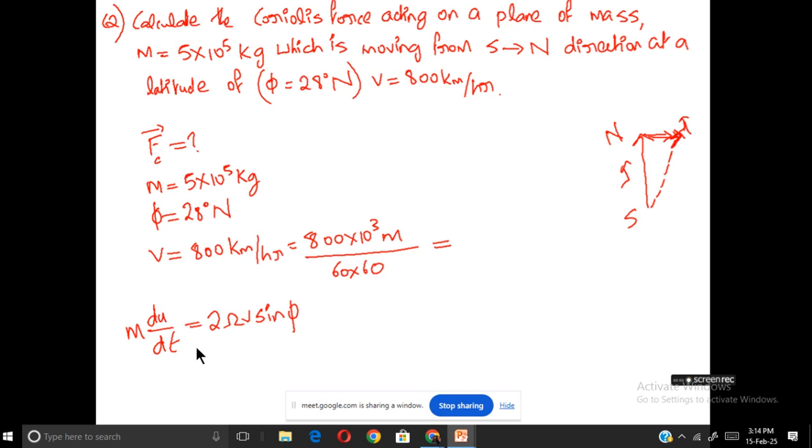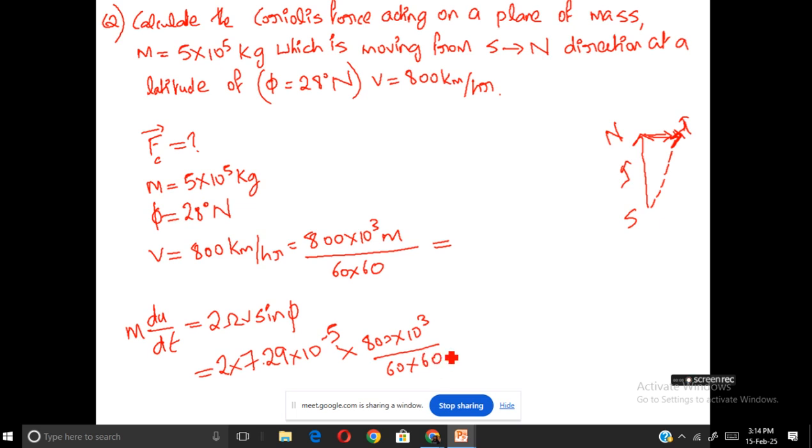So in this equation, we know the value of omega, the angular velocity of the earth, which is 7.29 into 10 raised to minus 5. v, the velocity of the object, is given as 800 into 10 raised to 3 by 60 into 60.